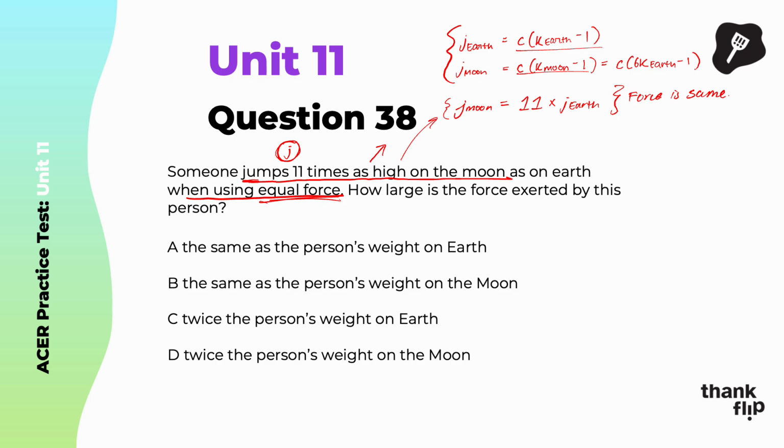So what we want to do is keep K constant in terms of whether it's on the Earth or the moon, and we're given Earth, so it's just simpler to use the K value for Earth so that we can solve for what we want to solve for, which in this case is K, because C is constant here, and the only thing of interest is K. And we also know that K is relevant to force because of our equation here.